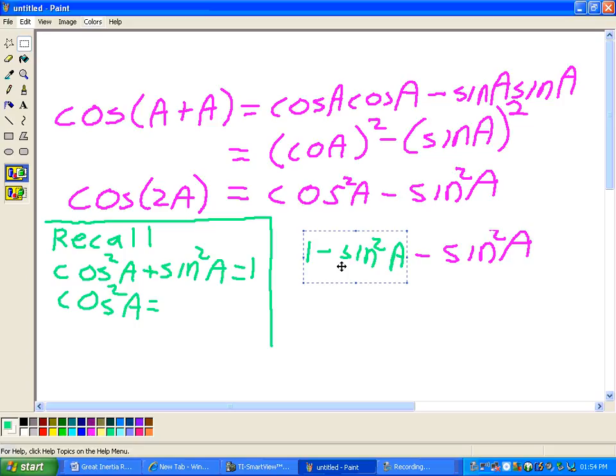Now it's 1 minus sine squared of A minus sine squared of A. Which is how many sine squareds? So we would generally write this as 1 minus 2 sine squared A.